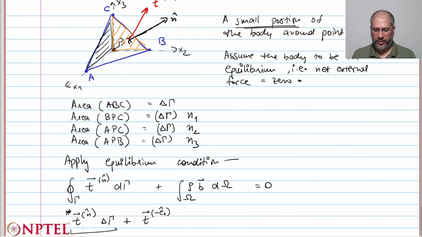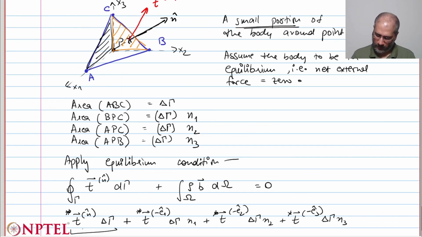So the enclosing orange surface will have an outward normal which is minus E1 hat. Put a star again here because we have removed the integral, so we are assuming that this is an average value over the complete area, times the area of BPC, which is delta gamma times N1. And now I'll complete this pattern.